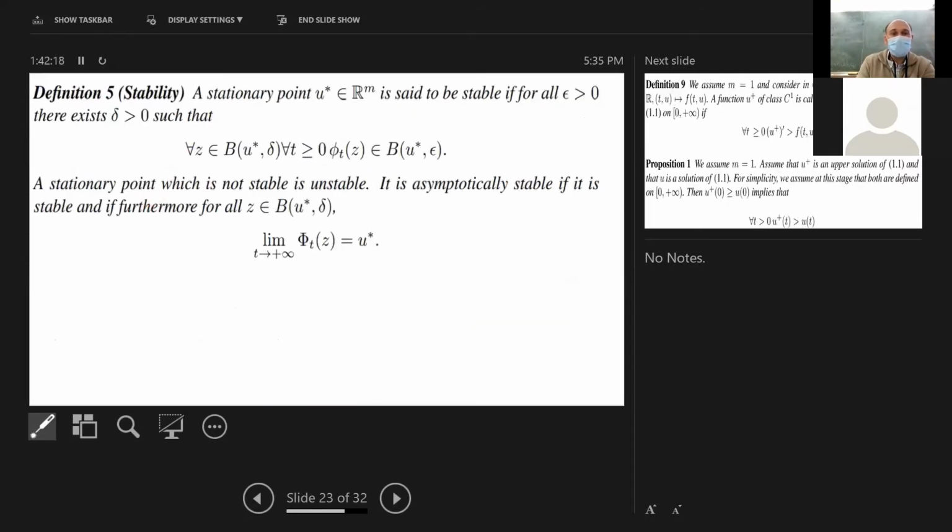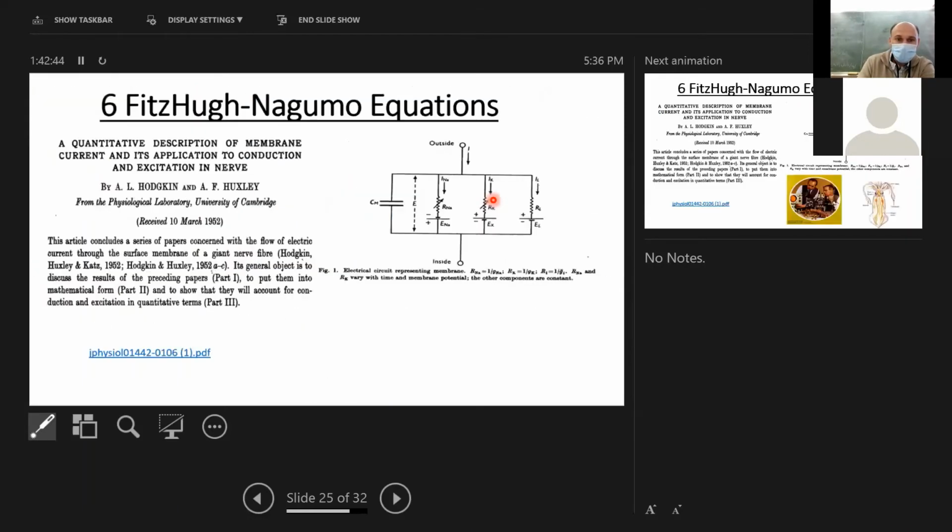You have a definition here. So a proposition is that a sink is stable. A sink is even asymptotically stable. A source is unstable, right? So with all these things in mind, I propose you to consider now the Fitzhugh-Nagumo equations.